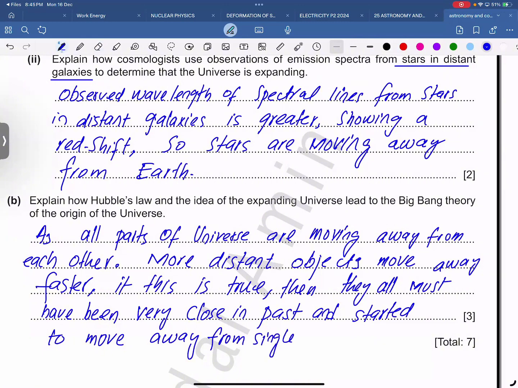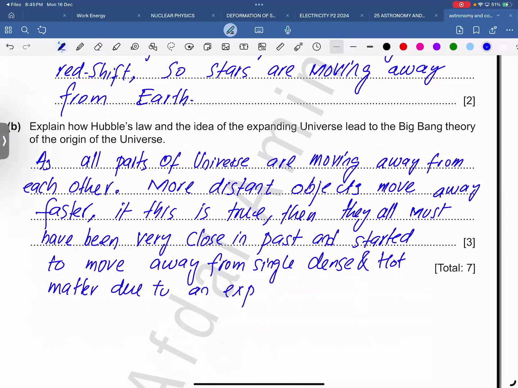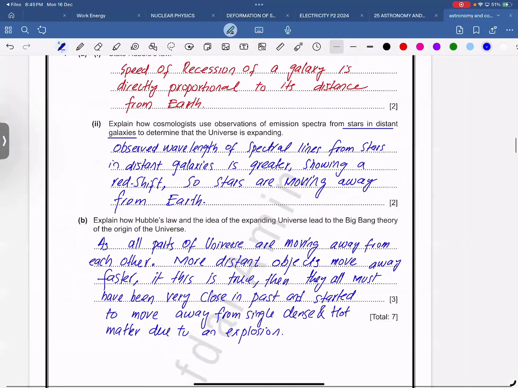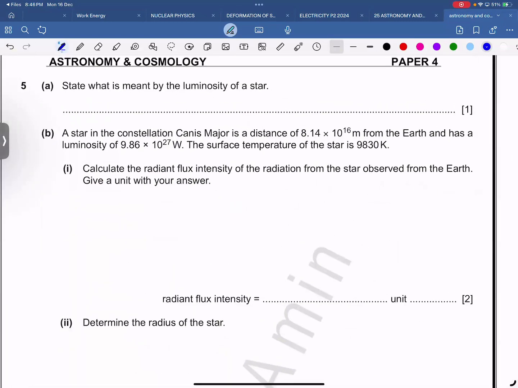A single, dense, and hot matter due to an explosion. Space is not enough, but the concept is enough. Copy. This whole question is theory. None of the equations we use here. None of the equations.